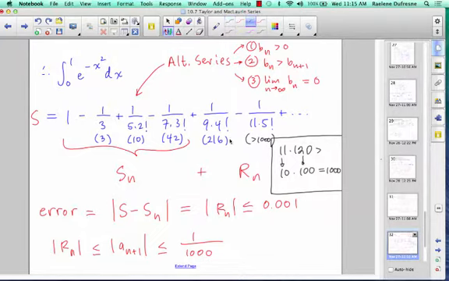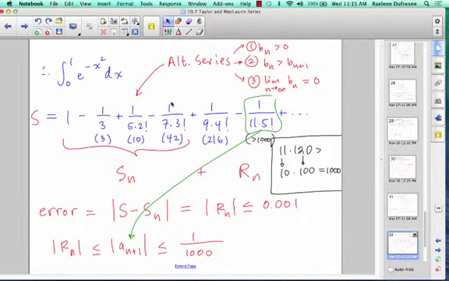I needed to find the first term whose denominator was greater than 1,000, so that the reciprocal, or the term value itself, the magnitude, was less than 1 over 1,000. So that means that this term is less than 1 over 1,000, and that is my An plus 1 term.